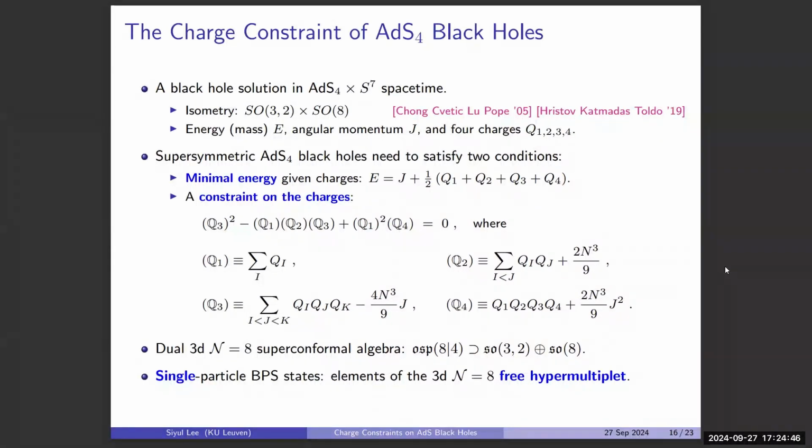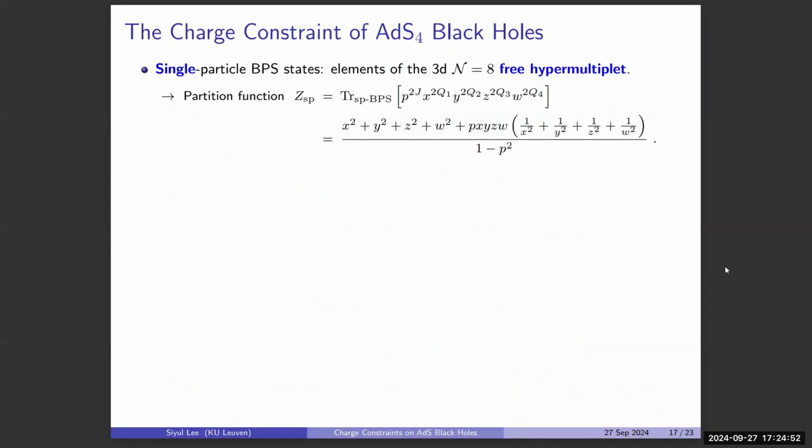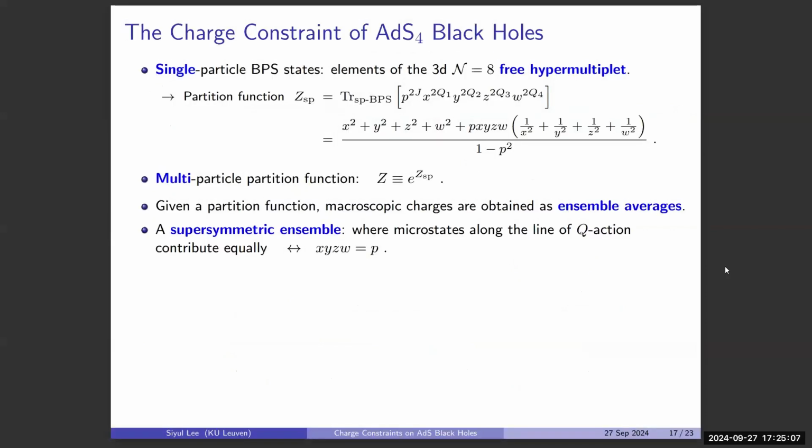And in the 3D N=8 algebra, there is a unique free multiplet called the free hypermultiplet. By taking a single particle partition function over the contents of the 3D N=8 free hypermultiplet, you can write down the single particle partition function. And as the prescription tells you, take a simple exponential to get the full partition function of the ensemble and calculate the ensemble averages for the macroscopic charges.